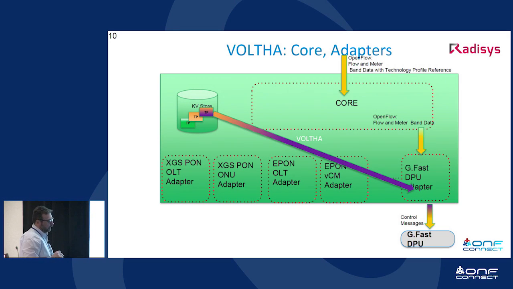That was discussing XGS PON. If we look at other types of equipment that could be managed by Voltha, I could have a G.fast DPU adapter, and I can define a technology profile that's specific to the G.fast DPU adapter, and define OpenFlow rules and bandwidth profiles that could apply to that adapter as well, and the UNI interfaces that subtend from the G.fast DPU.